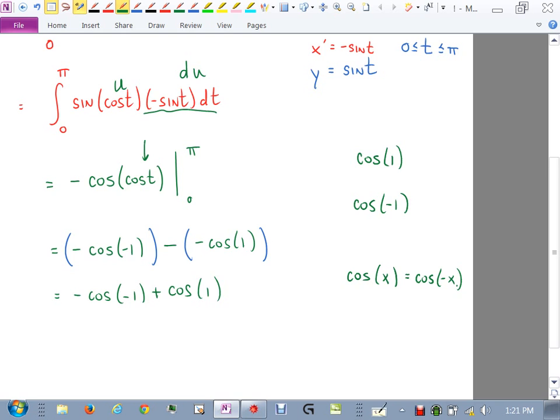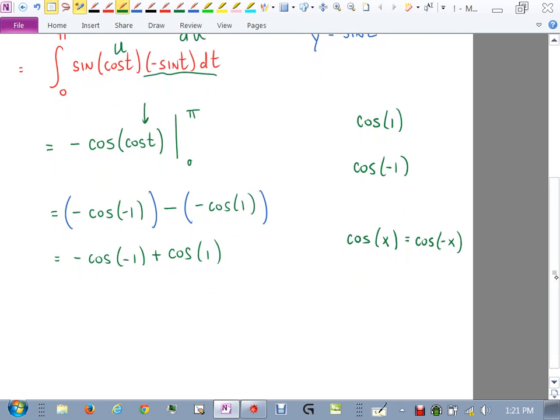Cosine is an even function. So I could say that this piece right here is also cosine of 1. So what does this turn out to be? 0. Because I'm taking negative cosine of 1 plus cosine of 1, that's 0. So I get 0 from that. Agreed? Okay.